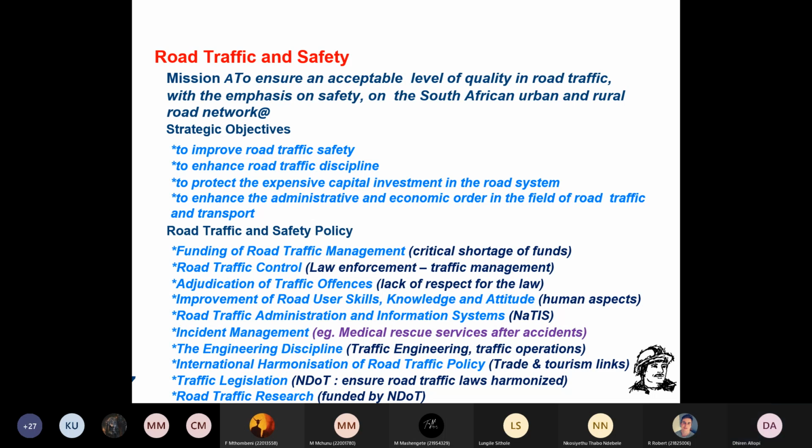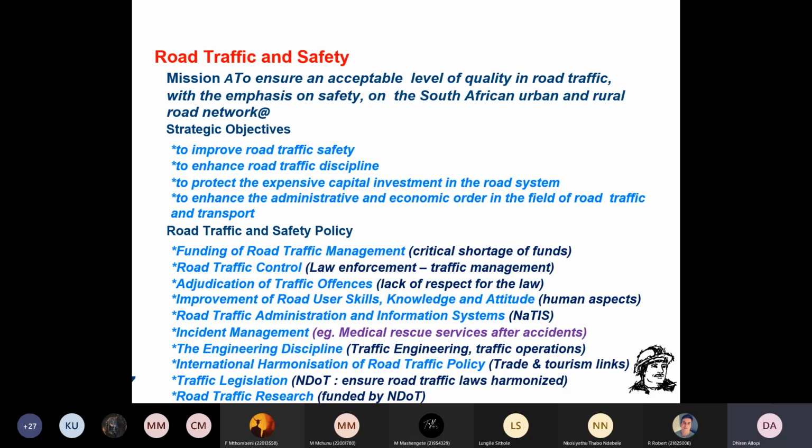So you can see there's all critical techniques, proper law enforcement methods, traffic, and you can see traffic offences, lack of respect for human aspects that I spoke about, attitude. In terms of administration system, who is administering our road traffic management systems. Again, you see the various rescue services that we have in place.